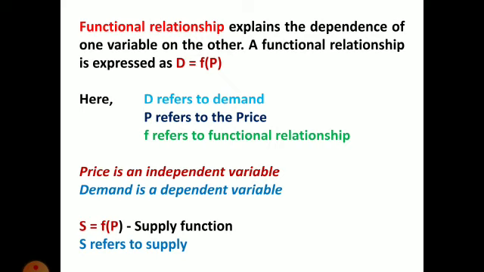So these are the two functions. Similarly, we can have several functions. Whenever there are two variables depending on each other, we can write it in the form of a functional relationship.